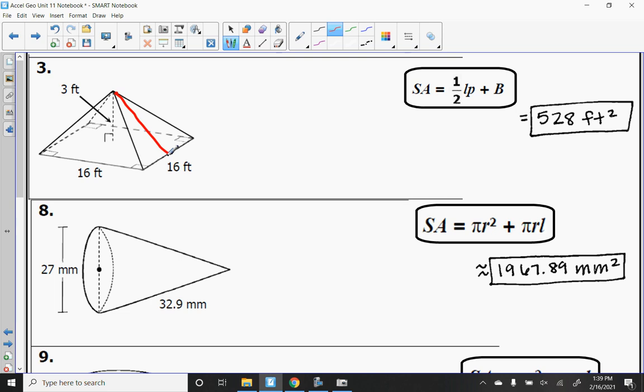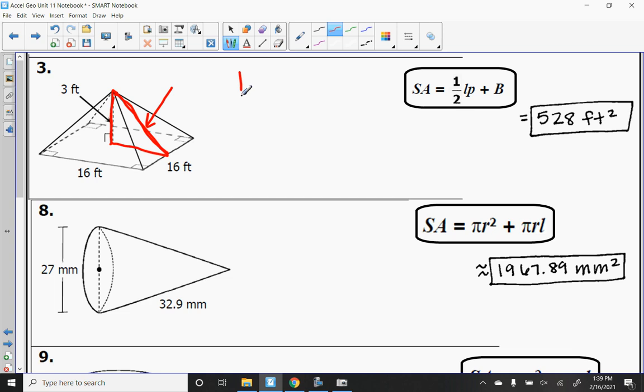So if you do not have a slanted height, you would have to use this red triangle in here to create Pythagorean theorem and find the hypotenuse, which would be the slanted height.